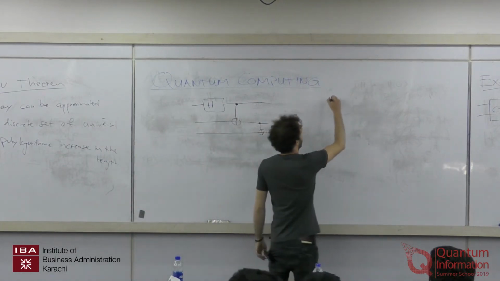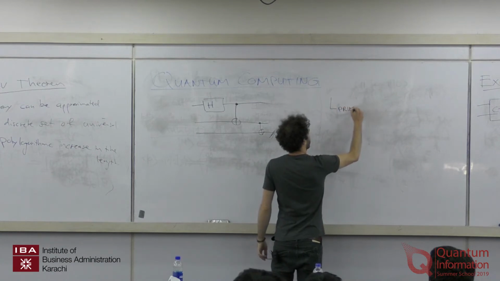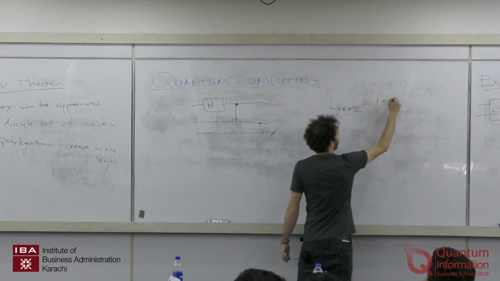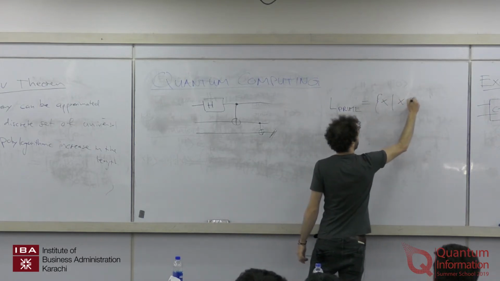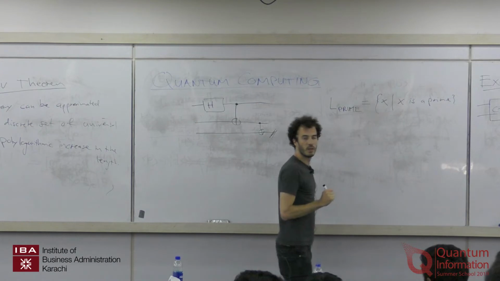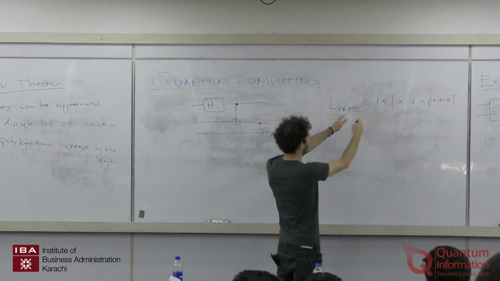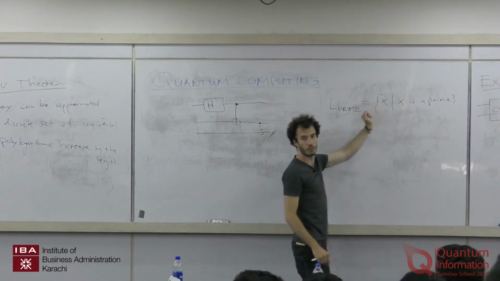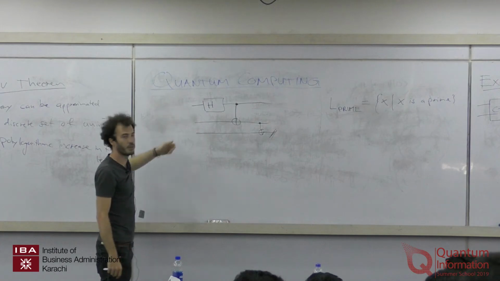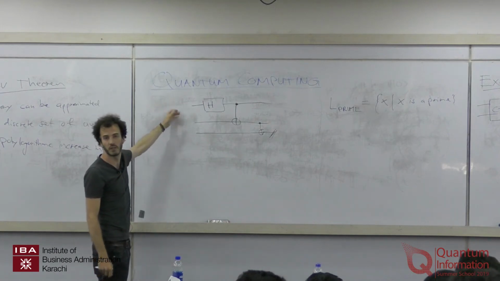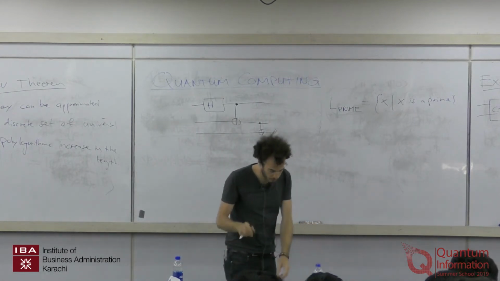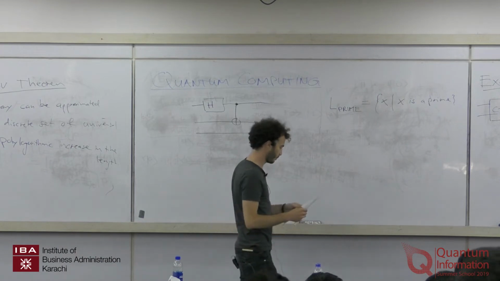So if I have the language L prime that I talked about this morning, so it's all words where x is a prime. If I want to decide this language with a Turing machine, I can feed the Turing machine the word and it will tell me yes or no. But here, if I have a circuit, I cannot put in any number. I'm just restricted to 3 qubits, so I can just go from 0 to 7 in this case. Right. So this is a main difference between circuits and Turing machines.